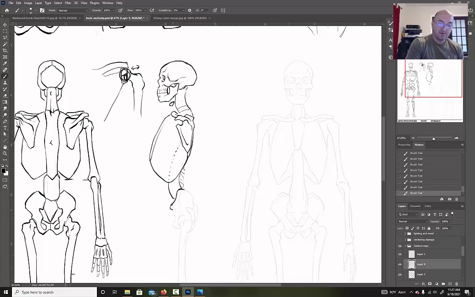You've got your hip bone, your pelvic bone. That's the head of the femur.